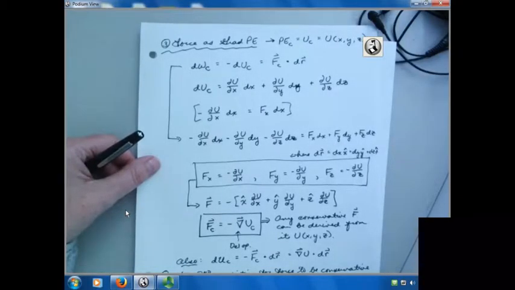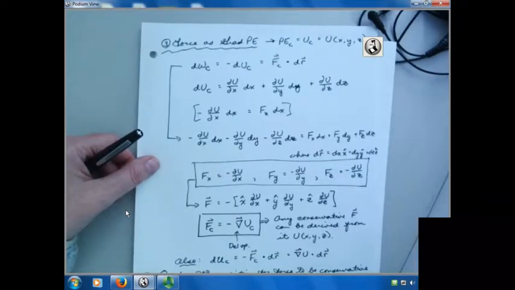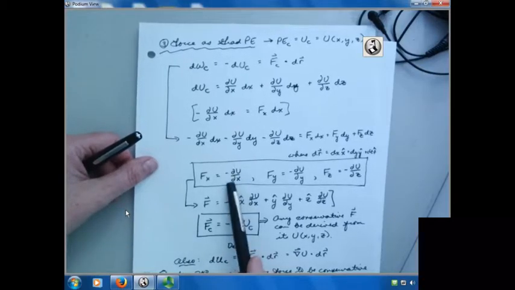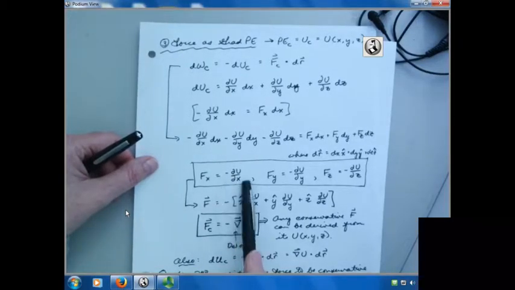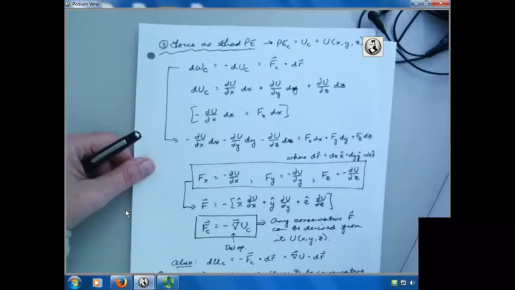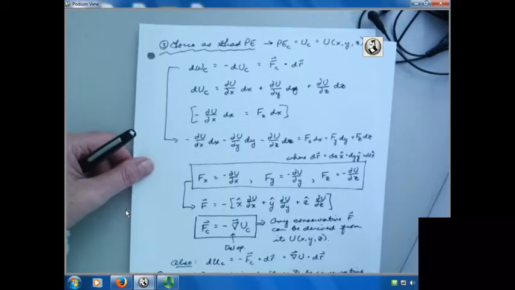We'd already found that the potential energy associated with a conservative force is negative the integral of that conservative force dot dx from some place where we're calling energy 0 to some place where we'd like to know the energy as a function of location. And we also found that once you have an expression for potential energy as a function of location, you can always find the expression for that conservative force by taking partials. So we were testing that idea out.